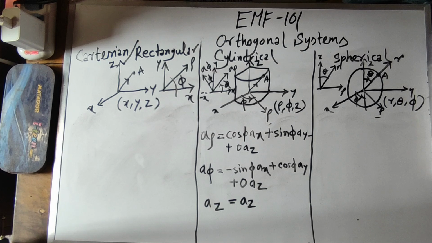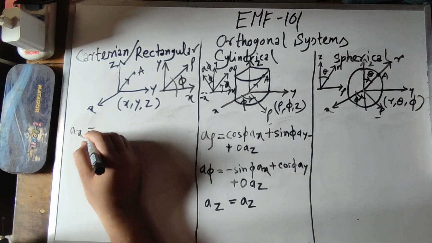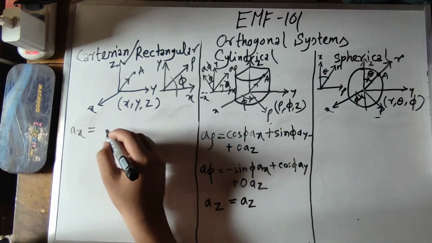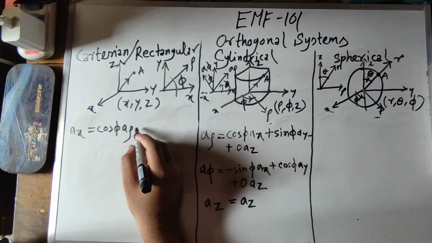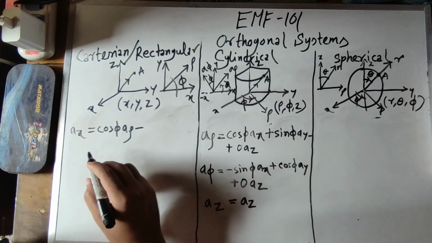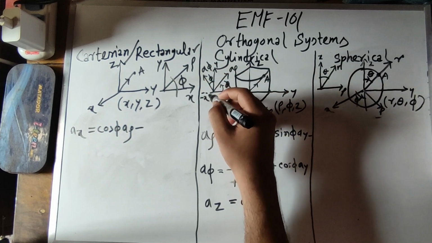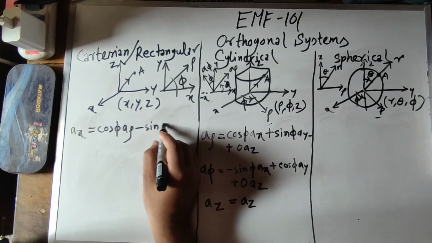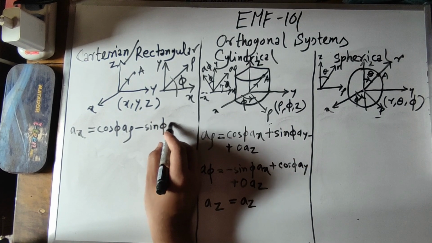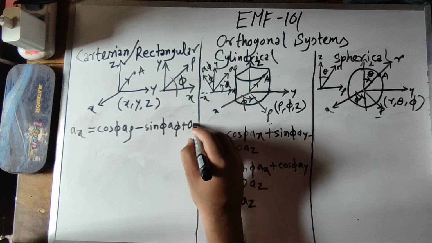Okay, now if we want to do the vice versa, so from cylindrical to Cartesian, ax has the component cos phi a row, and with a phi, ax has minus sine phi component, so minus sine phi a phi plus 0 az.